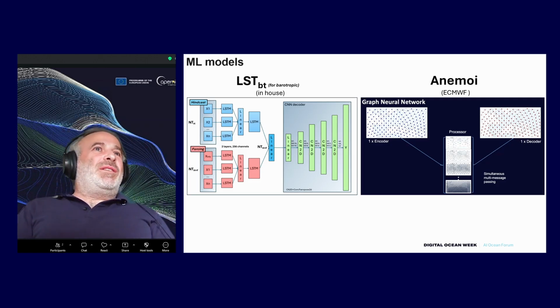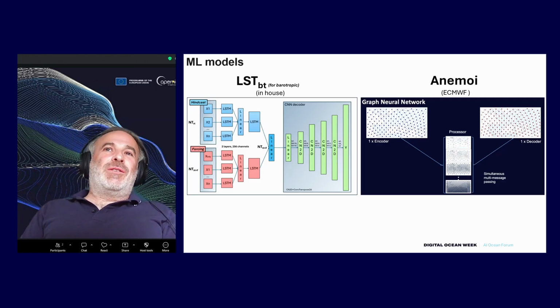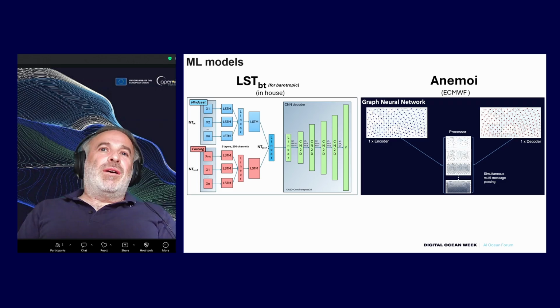So I've been using two different machine learning models. The one on the left is the LSTM-based model. It's more like an in-house model, and on the right is the well-known Anemoi developed by ECMWF.